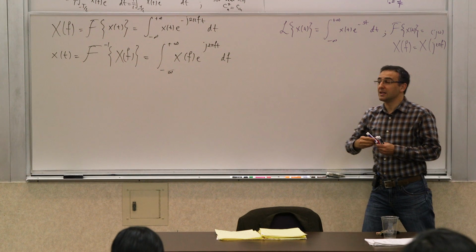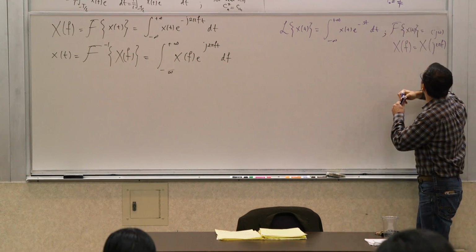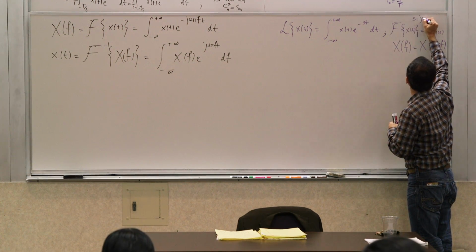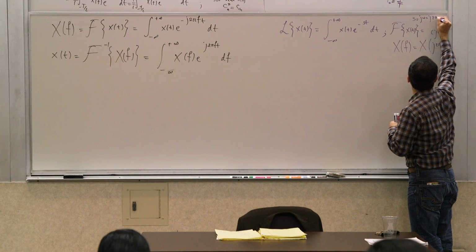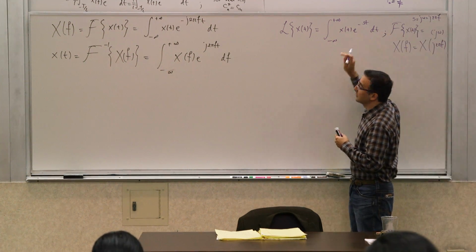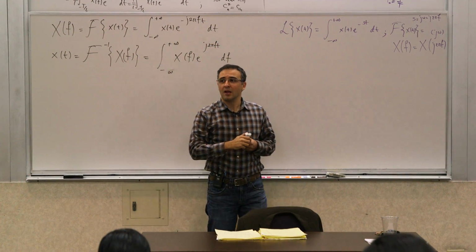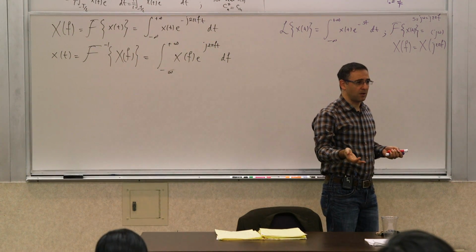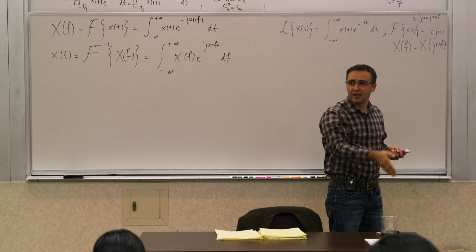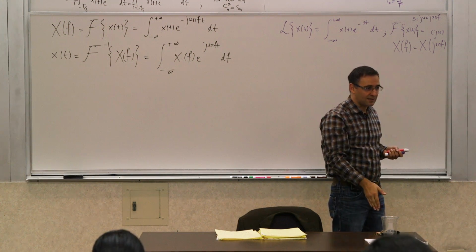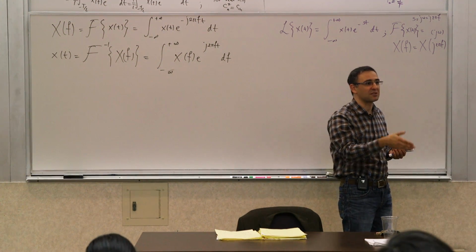Because if you set s equal to j omega, or j2 pi f, into this, it becomes exactly this expression. So Fourier transform is a special case of Laplace transform when it's evaluated only on the j omega axis, only on the imaginary axis.